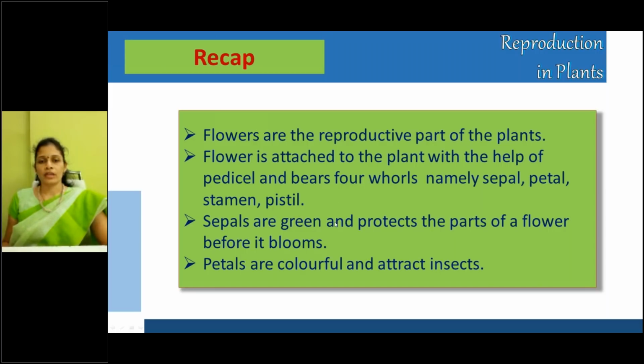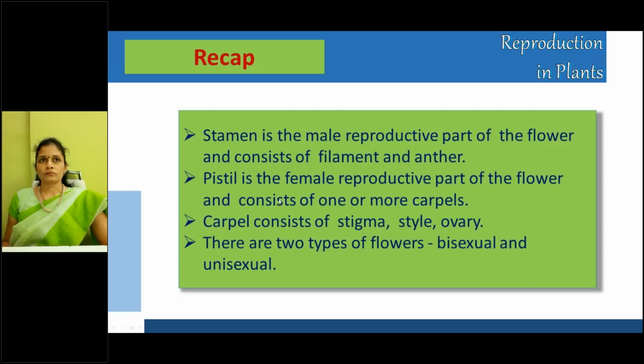Sepals are green and protect the parts of a flower before it blooms. The other name for sepals is calyx. Petals are colorful and attract insects for pollination. Petals are also called corolla.